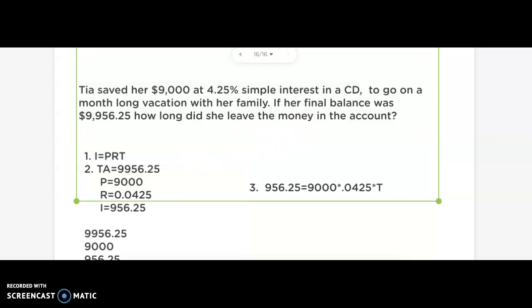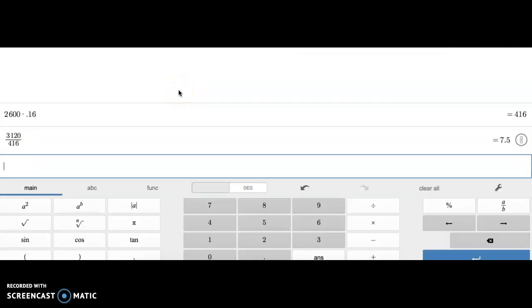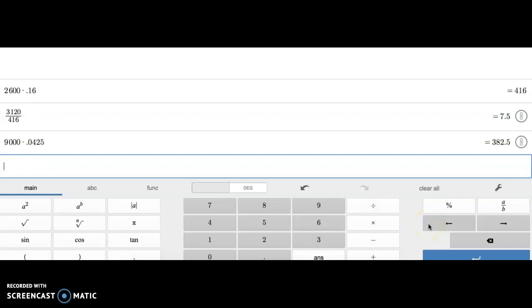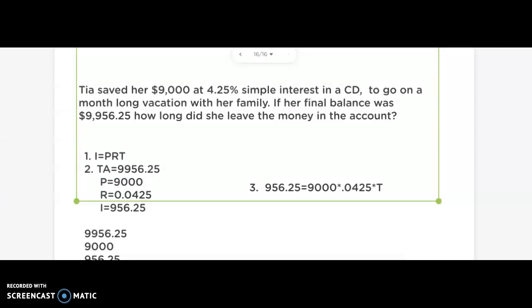Let's go to my Desmos calculator, and I'm going to do 9,000 times 0.0425, and it's telling me that's 382.5. So I know that 956.25 equals 382.5 times my time.